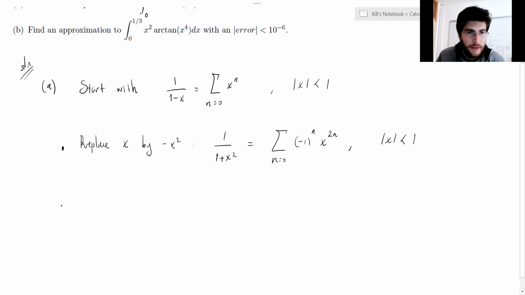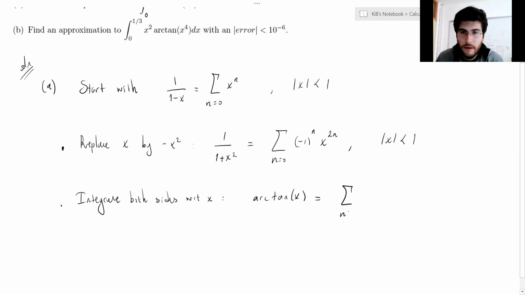So more or less, it looks familiar. If you integrate both sides with respect to x, of course, on the left-hand side, now you have arctangent x.